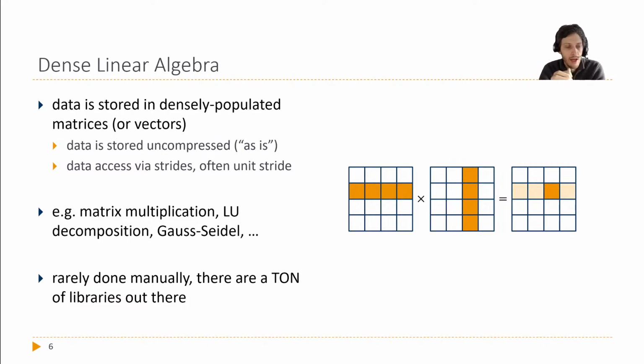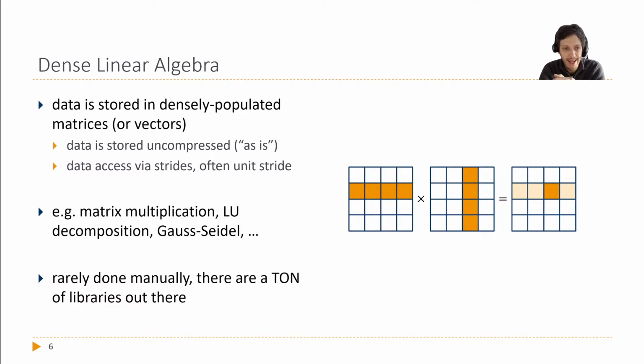So for dense linear algebra, data is stored in densely populated arrays, vectors, or matrices, usually in an uncompressed way, so directly as you have the data available. You might access it via strides. Often it's just a unit stride, which means you just access every element after the other. On the right side, for example, you have a visualization of matrix multiplication, which is one of the most prominent examples.